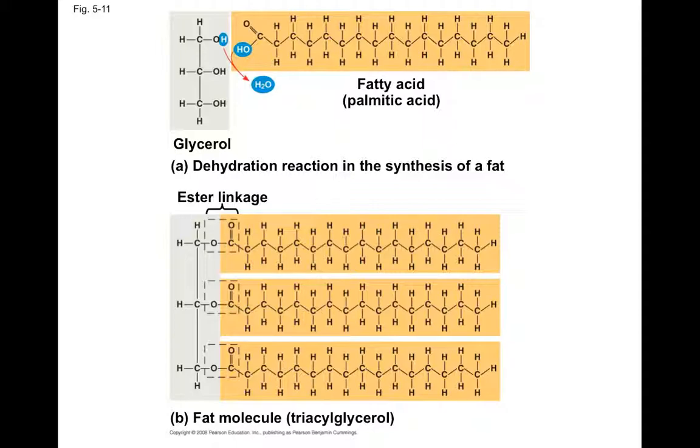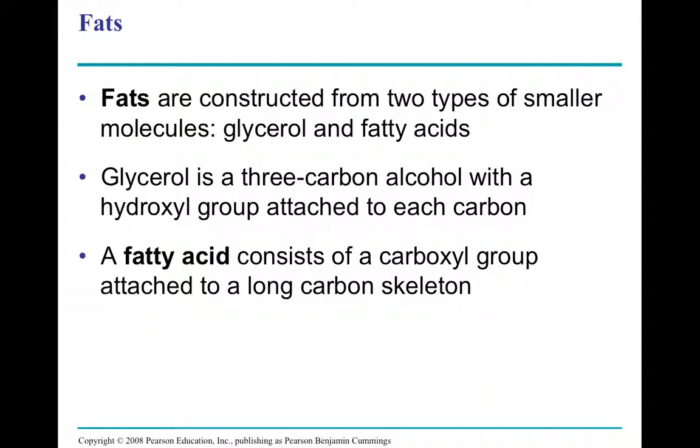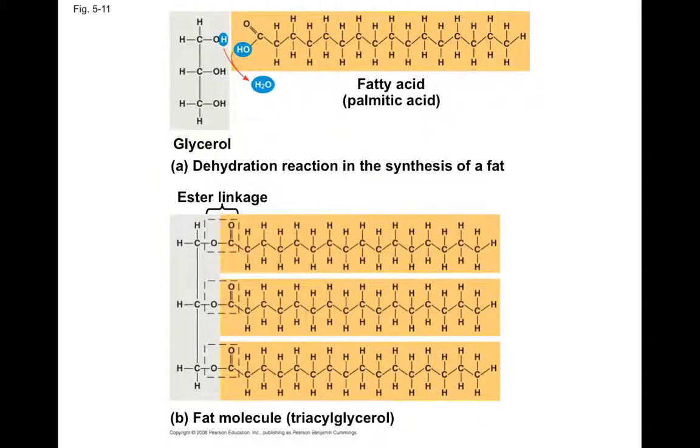And the fatty acid consists of a carbonyl group, which is this. Well, it's the carbon double bonded to the oxygen, and then the OH group over there, that's the carboxyl. So because you have hydroxyl and the carbonyl group, you can do the dehydration reaction, take that out, and then you can join that together with the ester linkage.